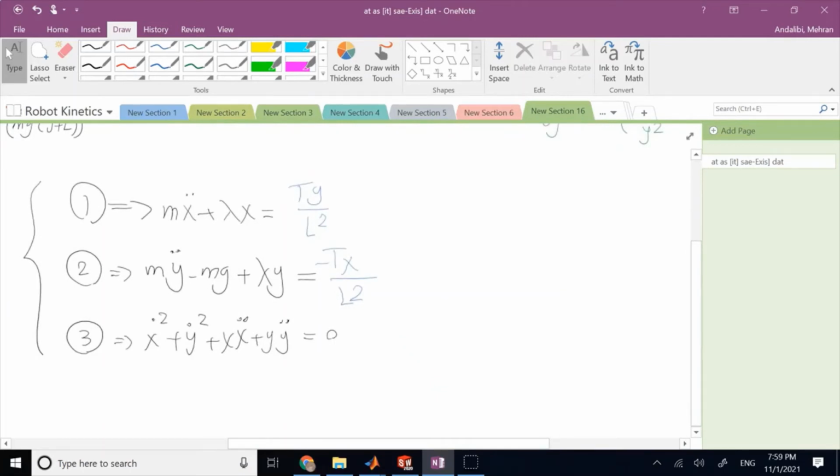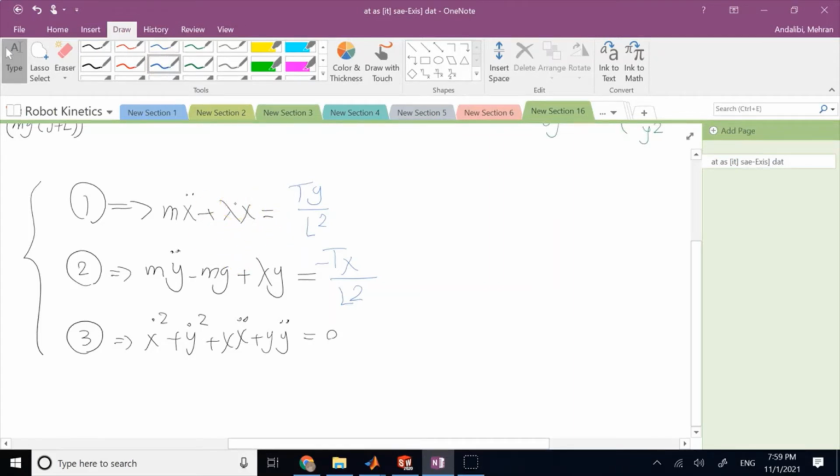3 unknowns. What you really do not care about is the lambda here, because all you really need is the governing equations of motion for x and y. Lambda is a byproduct, which we'll see. That's one of the reaction forces, really. Correct? In general, this lambda is a reaction force.